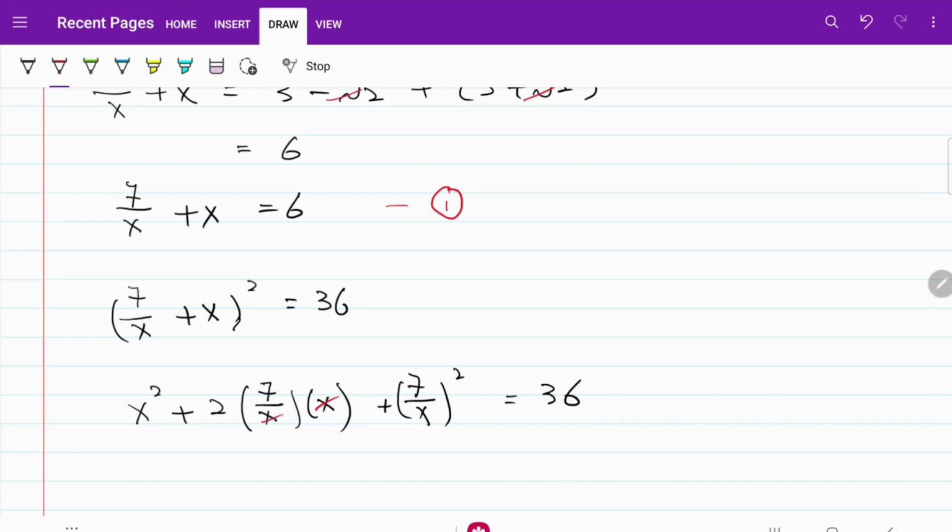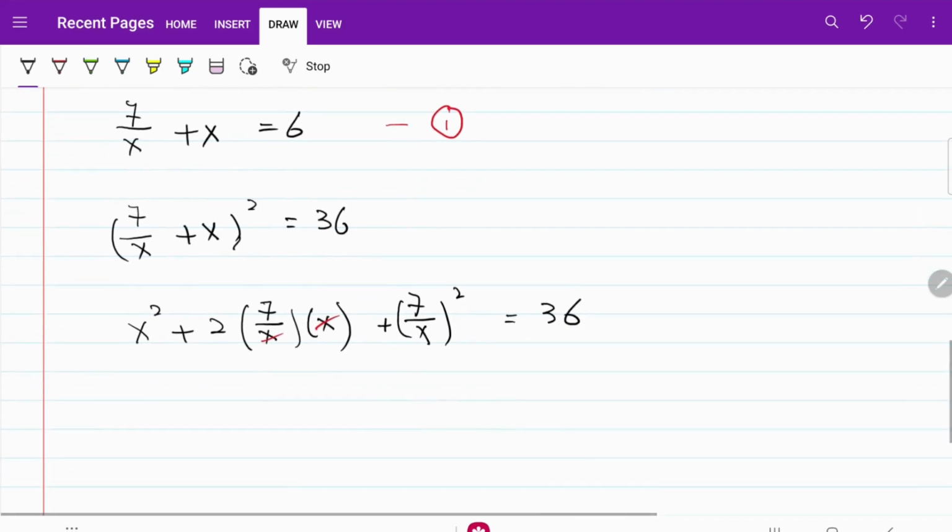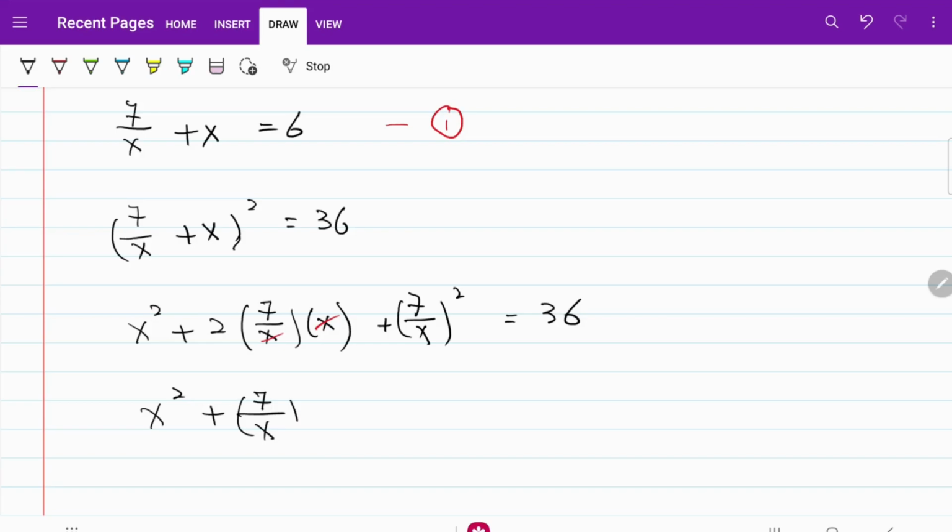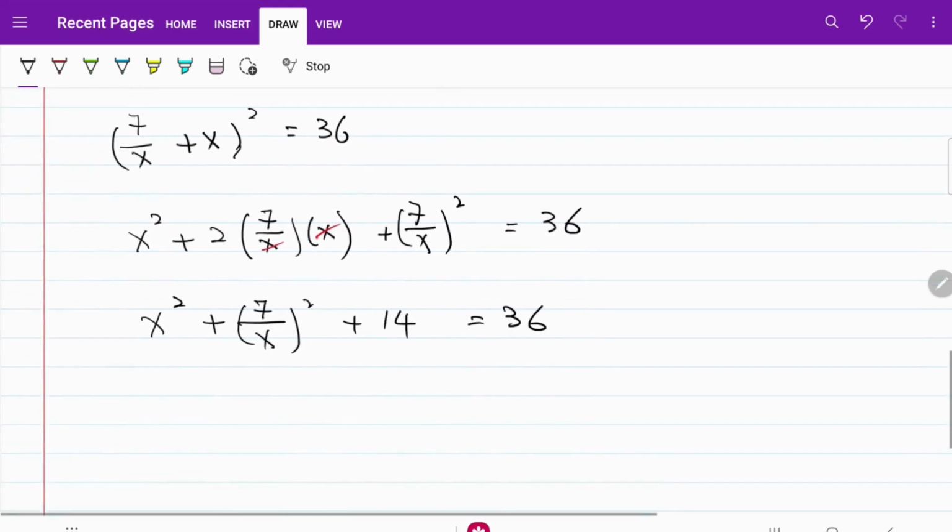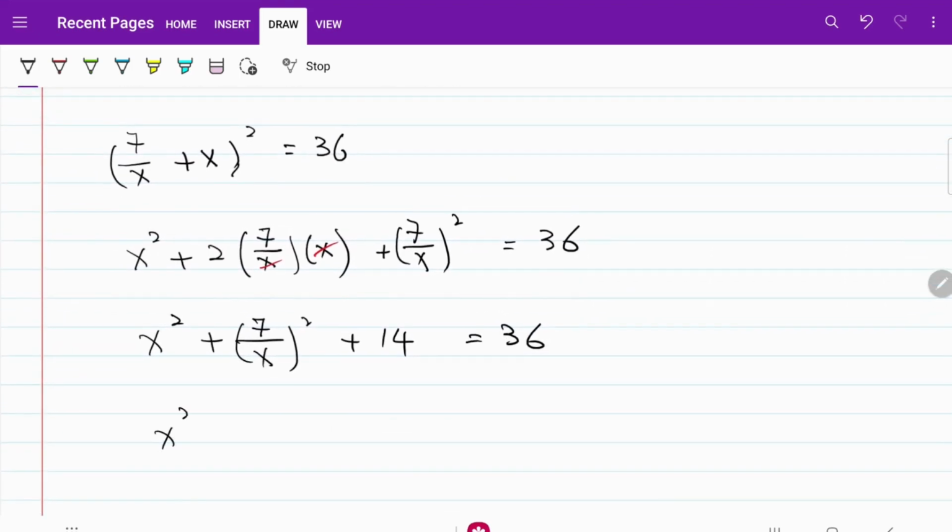These two x's will cancel each other, so what I have is x squared plus 7 over x squared plus 14 is equal to 36. In other words, x squared plus 7 over x squared is equal to 36 minus 14, which is equal to 22.